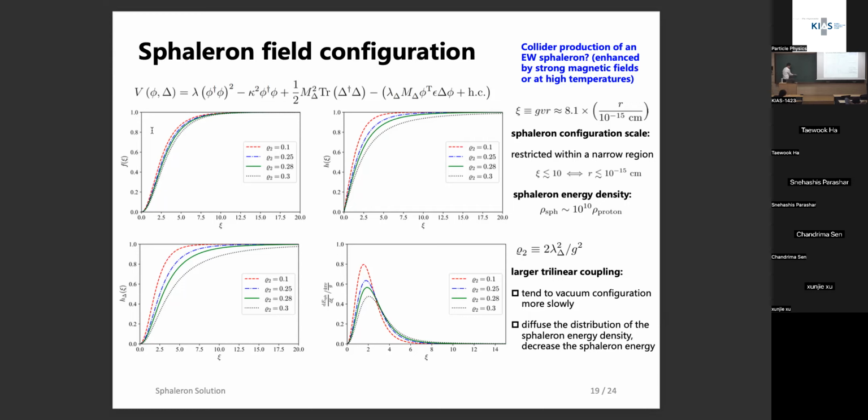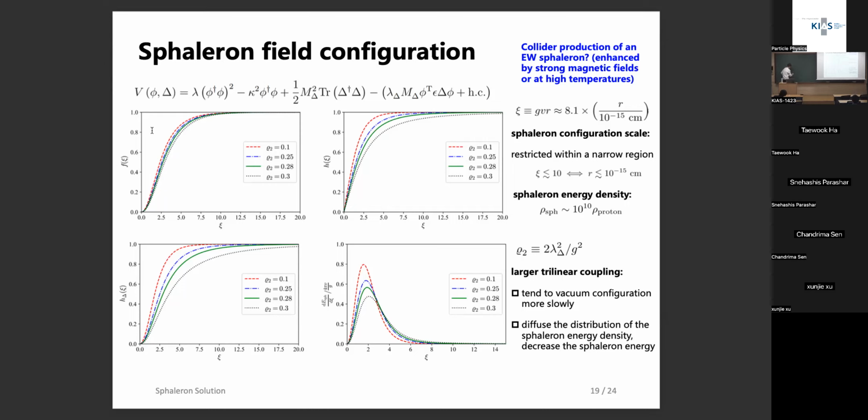This 10 to the 4 is because the energy of the LHC proton is about 10 to the 4 multiplied by the mass of the static proton, and this comes from the Lorentz contraction, because for a moving proton, the length in the moving direction is contracted by the relativity effect, right?